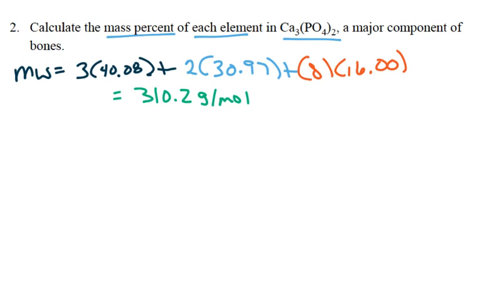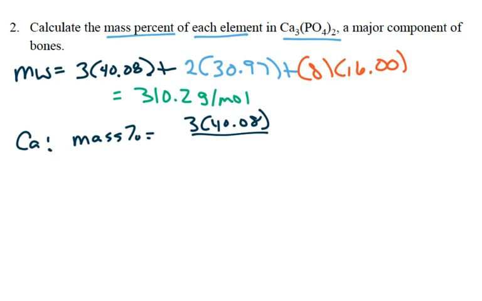So now we do each element in turn. For calcium, mass percent equals 3 times 40.08 over 310.2 times 100%, so for calcium, 38.76.